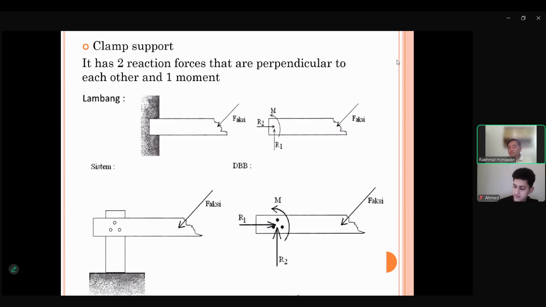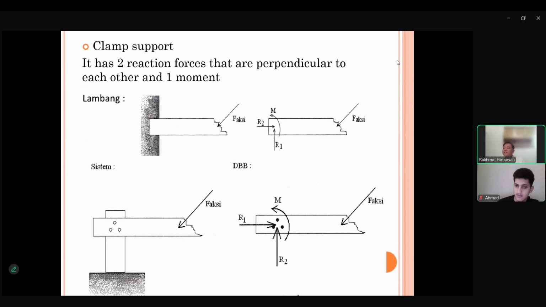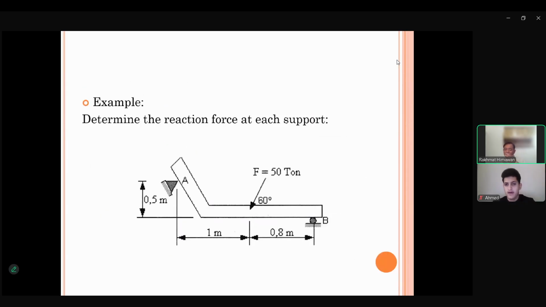Now let's try to use these three types of support in an example like this. Example 1. Determine the reaction force at each support.